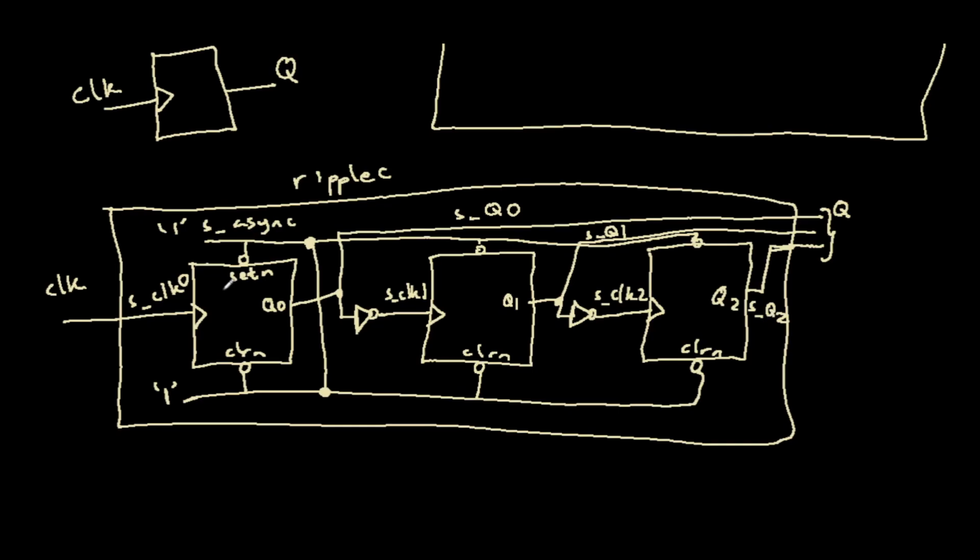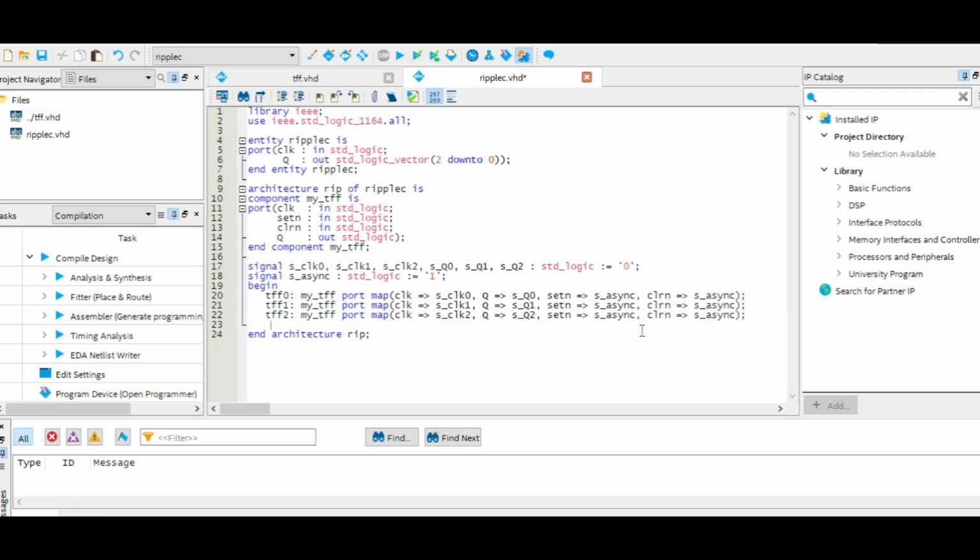We have done our internal connections here, but I still need to connect my SCLK0 to this CLK here, and I need to connect my SQ0, SQ1, SQ2 to the output of ripple C. So my SCLK0 is connected to CLK of ripple C. Now, it might be a good idea to call this something different so that we know which it is, but this is a concurrent statement, and so since it's not inside a port mapping, it refers to the entity that owns this particular architecture.